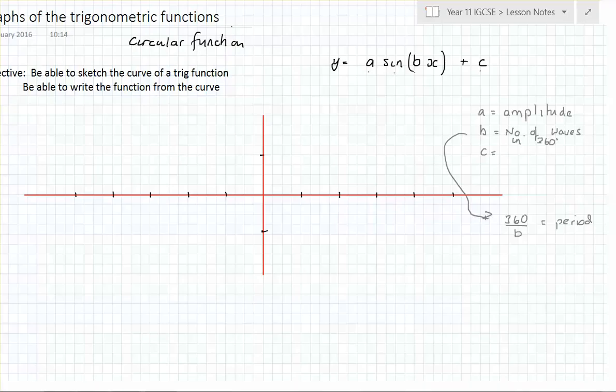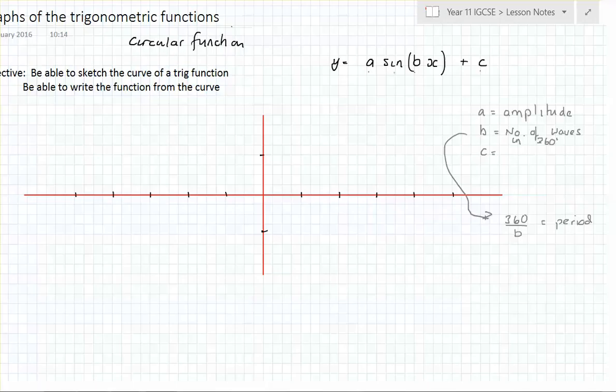0, 0. Origin? No. What? A middle point or a middle line? Oh. Okay. Remember, a circular function goes up and down, above and below a line. Right? The reason why I say it's not the starting point is because sine and cosine don't start at the same point.